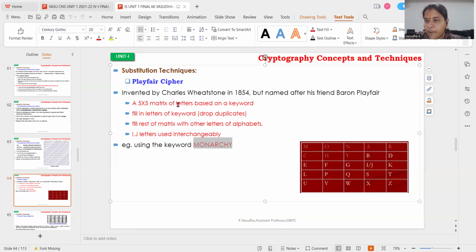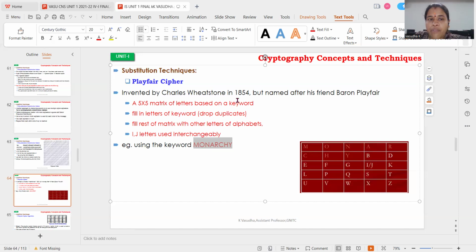First, we need to take a 5 by 5 matrix and a keyword. For conversion from plain text to cipher text, we require a keyword. By using this keyword, we can convert from the plain text to the cipher text. Fill in the letters of the keyword first, then the rest of the matrix with the letters of the alphabet.